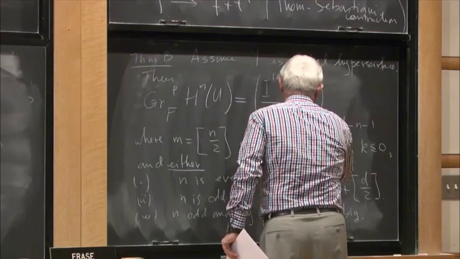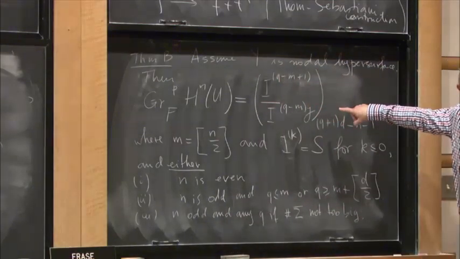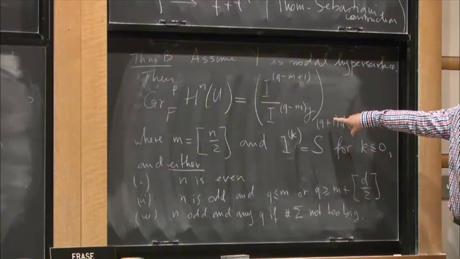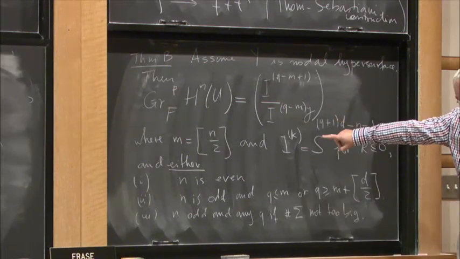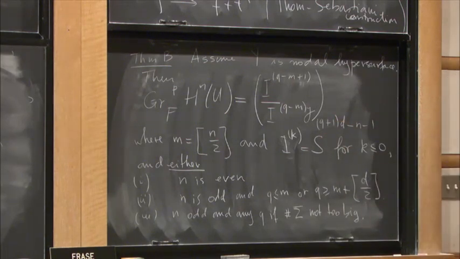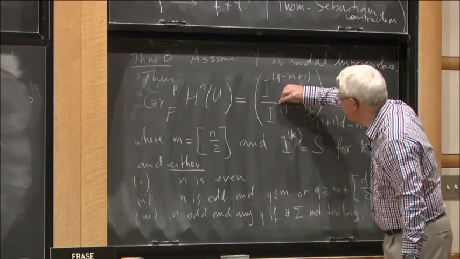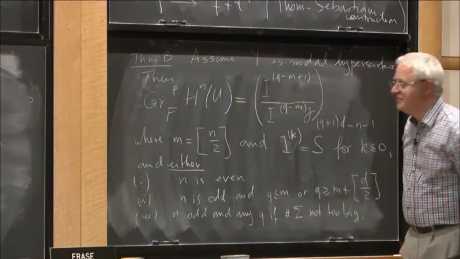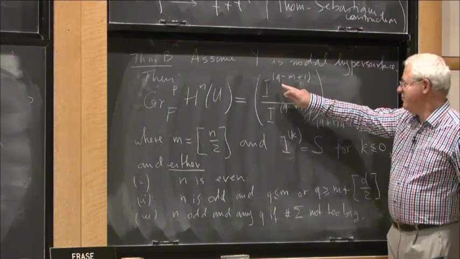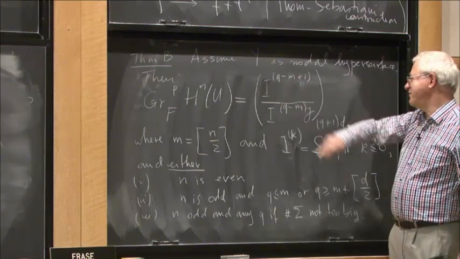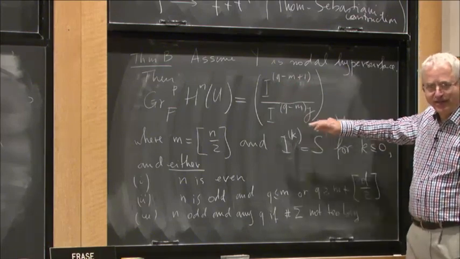The Jacobian ideal should be present here. So in this formula, I have this sequence of ideals and also the Jacobian ideal.